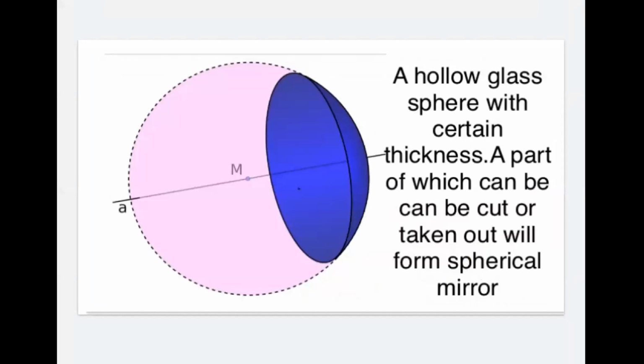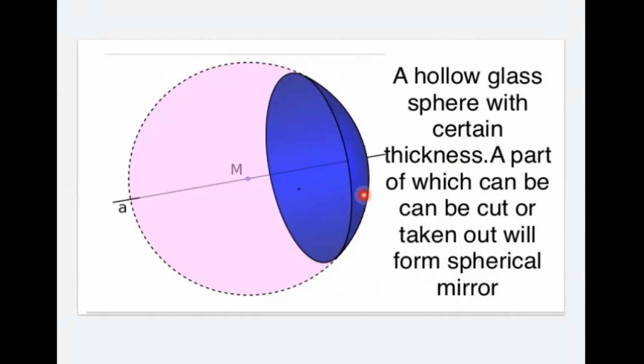Now, what we will do over here is we will take the same example. We'll take the example of a ball over here, and we cut a section of this ball. The section is shown in blue color. So, a hollow glass sphere with certain thickness, a part of which can be cut or taken out, forms the spherical mirror.